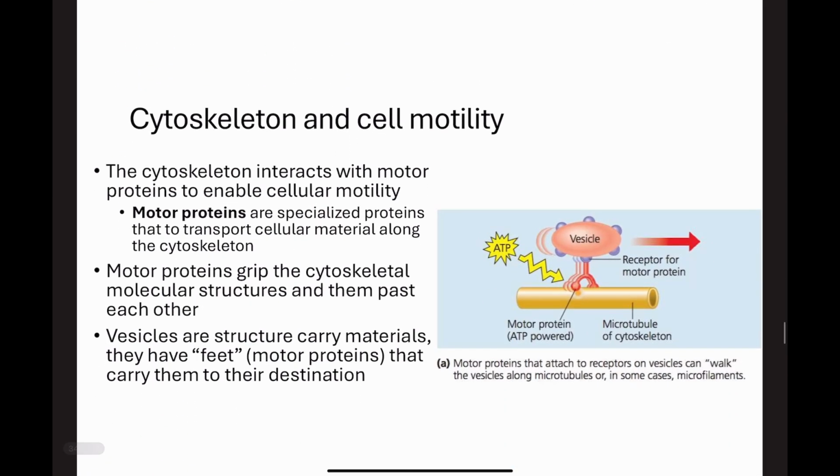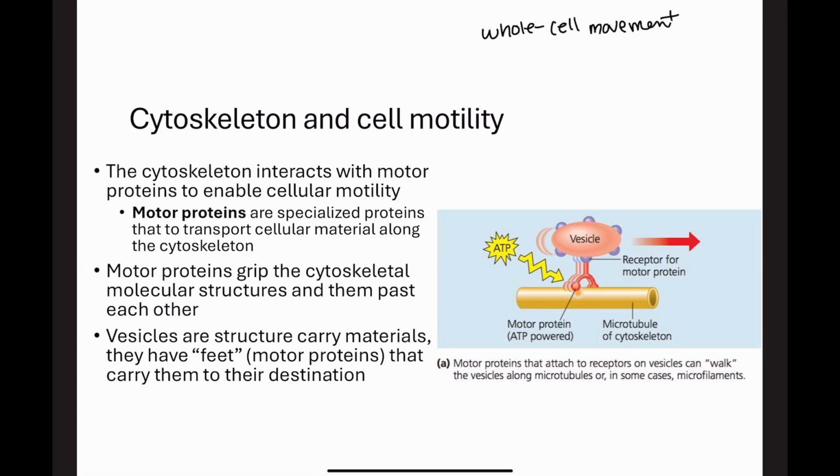So the cytoskeleton is going to interact with motor proteins, which are going to facilitate cell movement and intracellular transport. Motor proteins are specialized proteins that transport cellular material along the cytoskeleton. So we have whole cell movement, right?